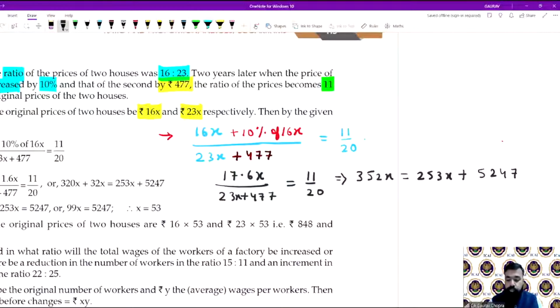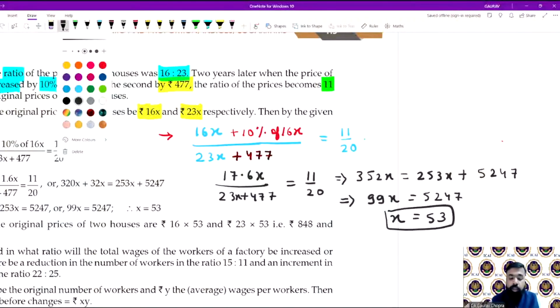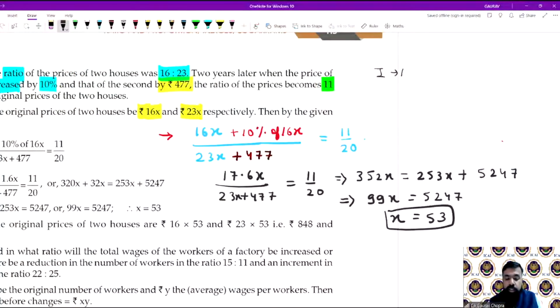5247. Now let us simplify this. So 352x minus 253x becomes 99x is equal to 5247. So from here we get x equal to 53. So this is the value of x. Now we have to find the original value of the houses. The first house was 16x, so 16 multiplied by 53.